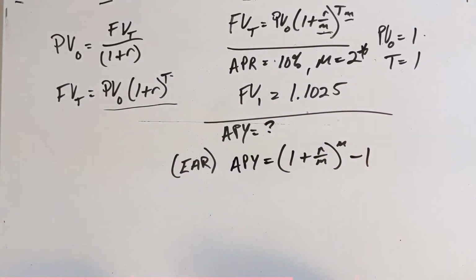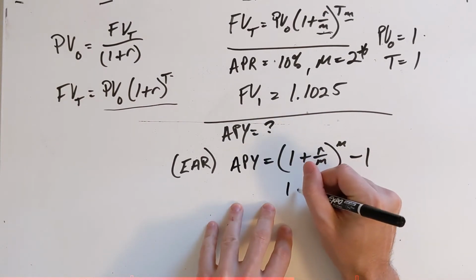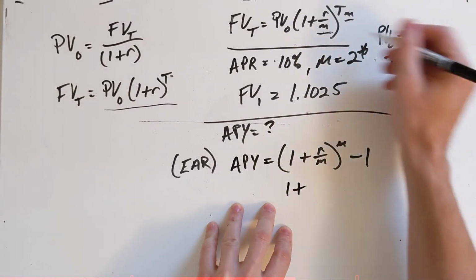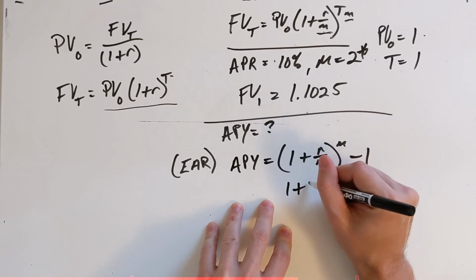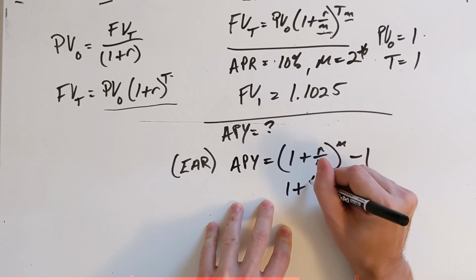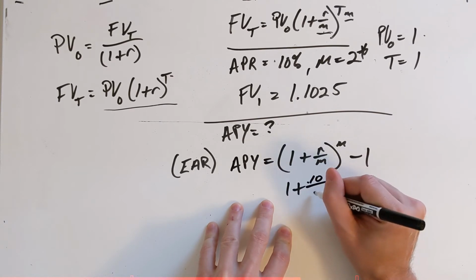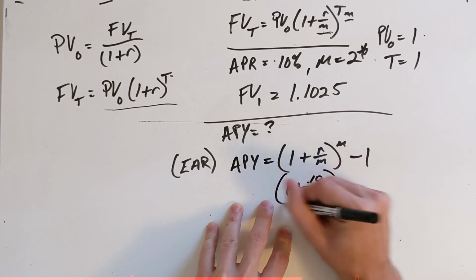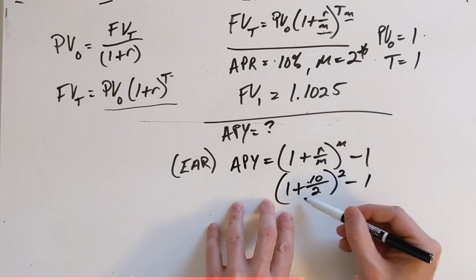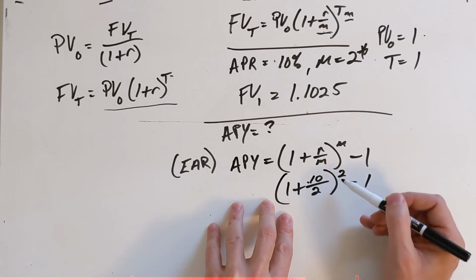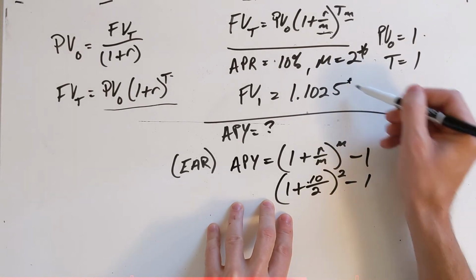Now we plug in our information. We get 1 plus our R, which is 10%, the APR, divided by 2, squared, minus 1. Well, we already know what this equals, because this is this.